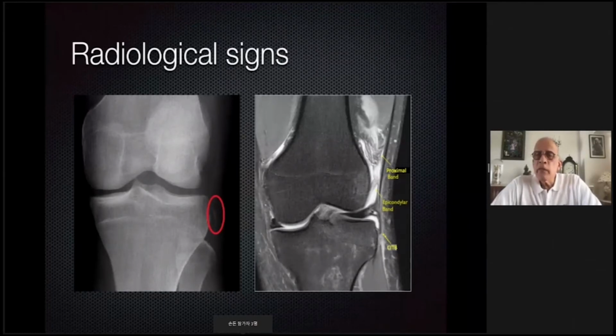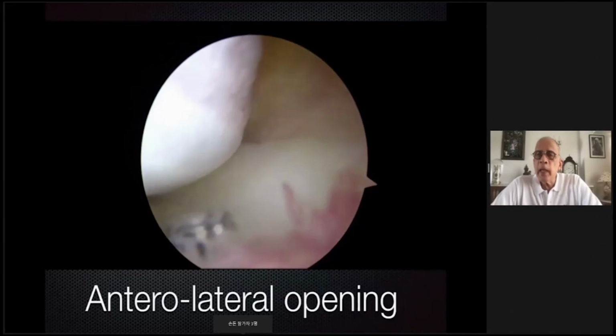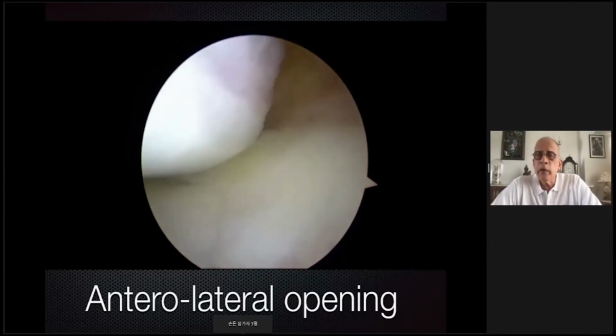If patients have significant anterolateral bone edema in the acute stage, or they have a root tear of the lateral meniscus in the chronic stage, and a significant lateral impact on the lateral femoral condyle, then these are some of the helpful signs to decide on the lateral extra-articular tenodesis.